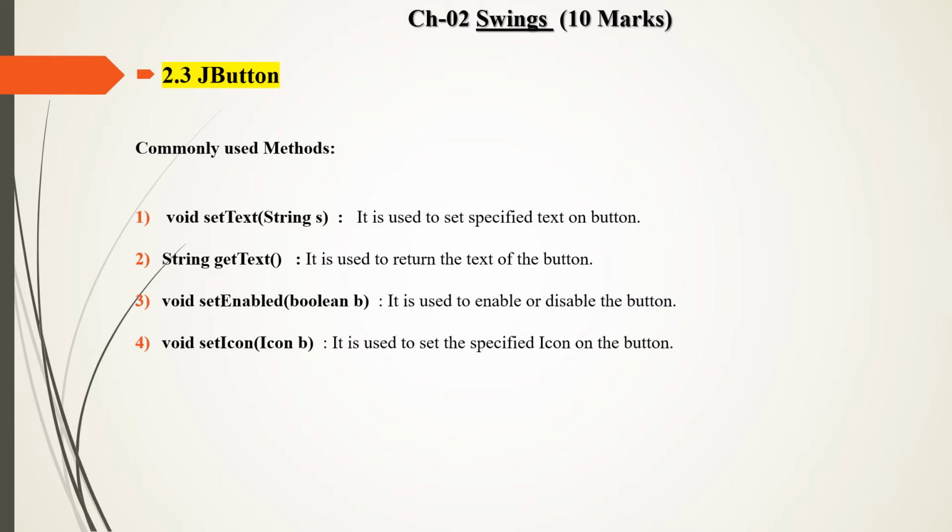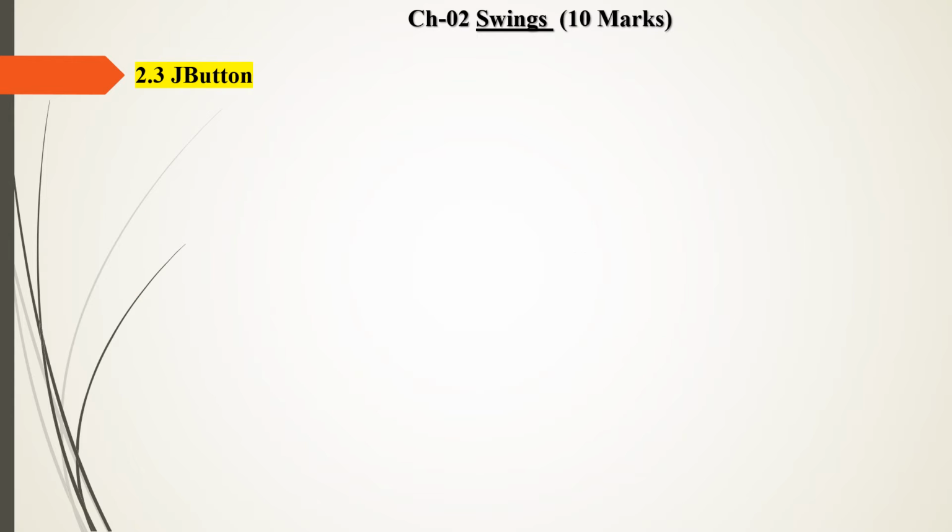The next method, void setIcon, has one parameter, an Icon object, and this method also does not return any value, so its return type is void. It is used to set the specific icon on the button. Then the next method, getIcon, does not have any parameter. This method returns the Icon object. It is used to get the icon of the button, so it returns the image object of the button.